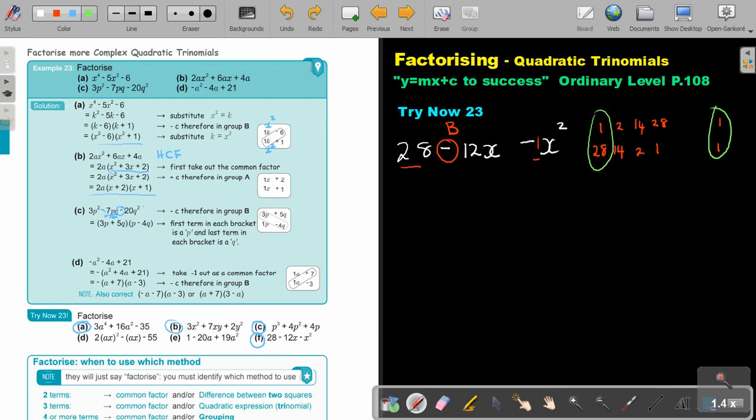Looking at this one, this is 14 minus 2, so let's keep 2 and 14, 1 and 1. 14 minus 2 gives me that 12. And then what will the signs be? The signs will be different.